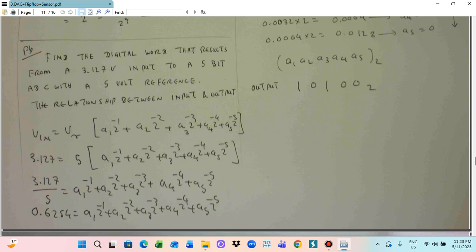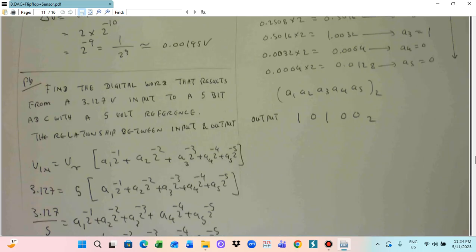So Vn equals Vr times (A1 2 power minus 1 plus A2 2 power minus 2 plus A3 2 power minus 3 and so on). Vn is 3.127, Vr is 5. So A1 2 power minus 1 up to A5 2 power minus 5 equals 0.6254.